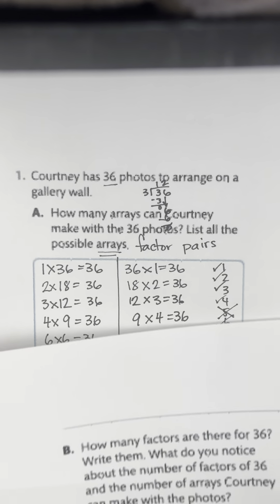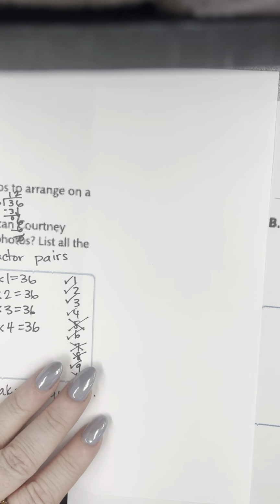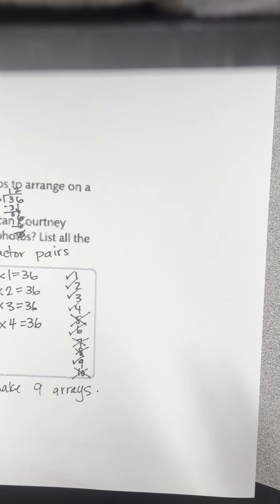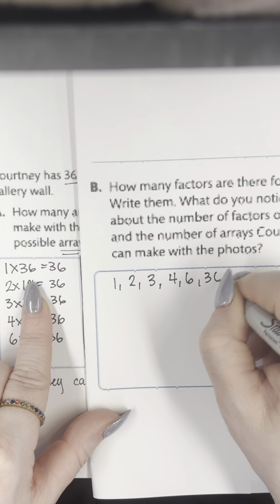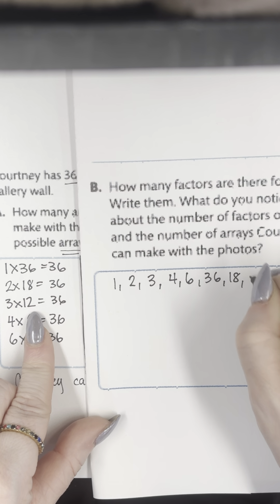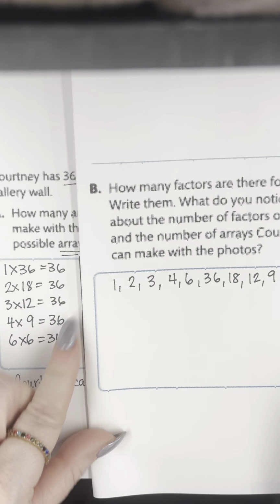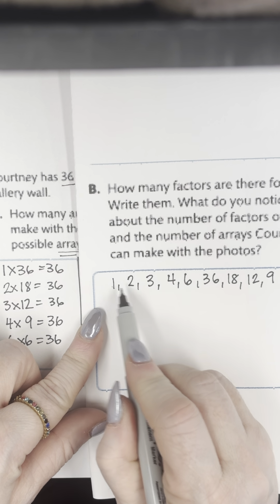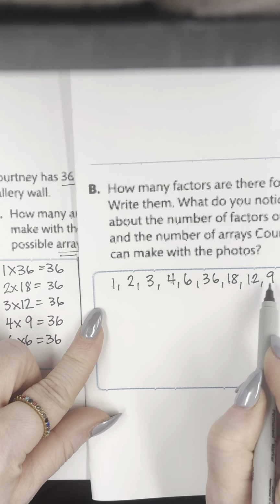There's a reason why it's a part A and a part B. So I'm going to fold this so you guys can see it. I have 1, 2, 3, 4, 6, 36, 18, 12, and 9. So let's see how many factors I have. 1, 2, 3, 4, 5, 6, 7, 8, 9.